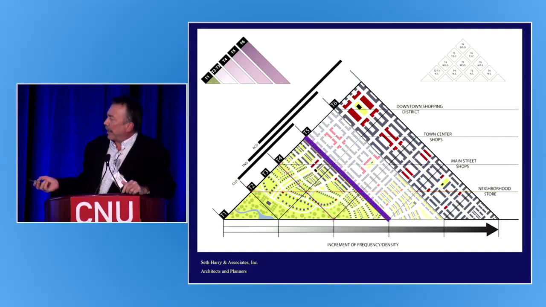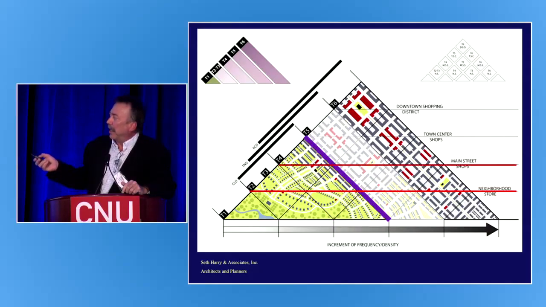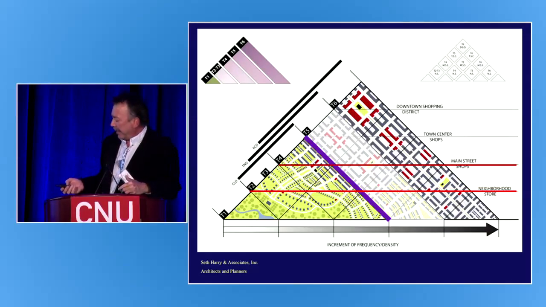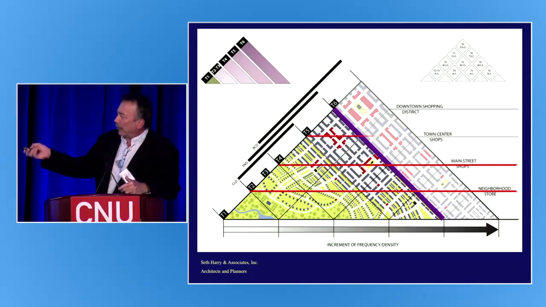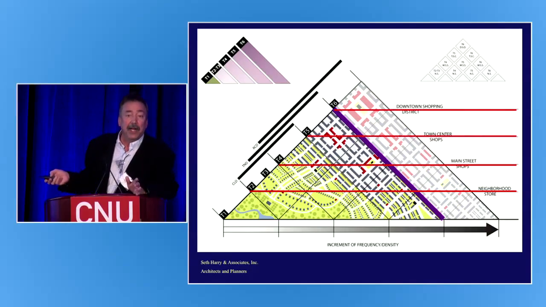But as you go up through subsequent levels of urbanism, not only do you get more retail, but the nature of that retail begins to change. It gets more sophisticated, more diverse, and so forth. The other important point to recognize here is that a lot of these earlier, lower order retail types are still present.